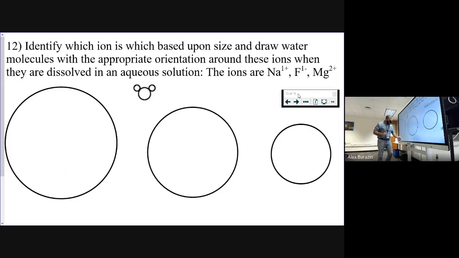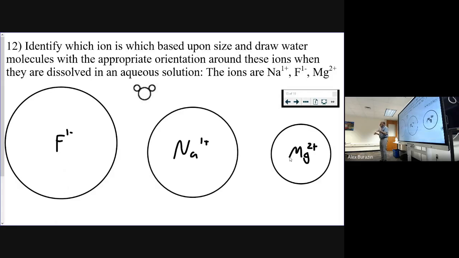So I would totally expect that this is your magnesium 2+, this is your sodium 1+, and this is your fluoride. And again, it is 100% based off of the protons because the electrons are all equal. 10, 10, 10. That has 12 protons, it's the smallest. This has 11 protons, this has 9 protons. Okay, that's the first part.